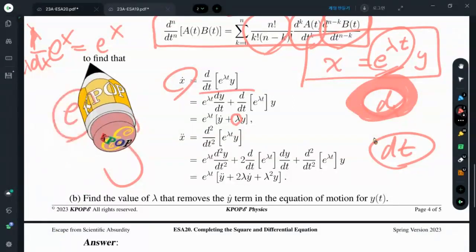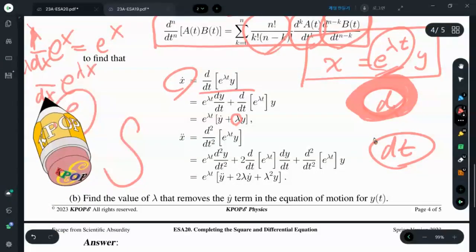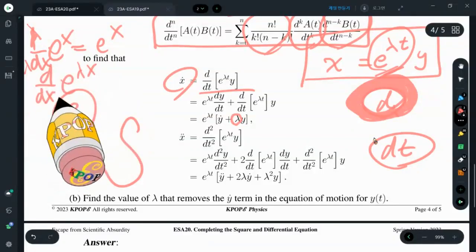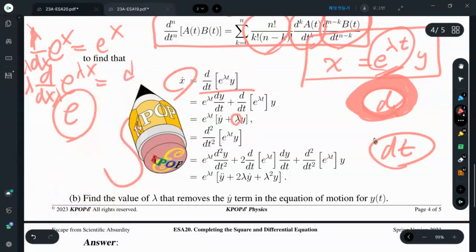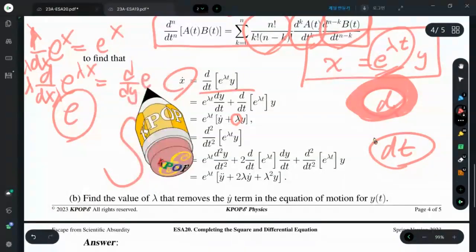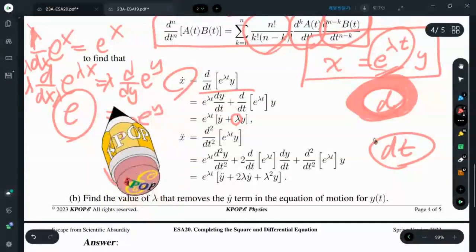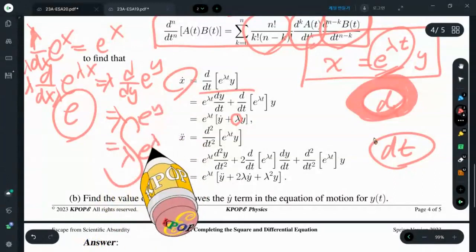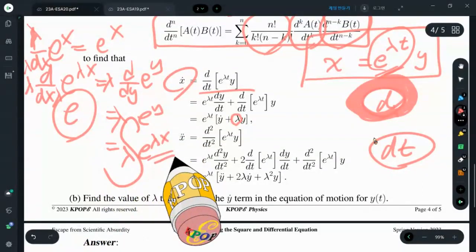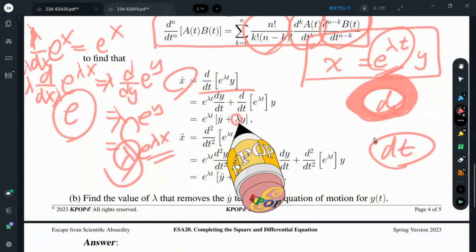The multiplying will give, for example, this one: d of e to the lambda x, which is lambda times e to the lambda x. It gives a lambda factor only.